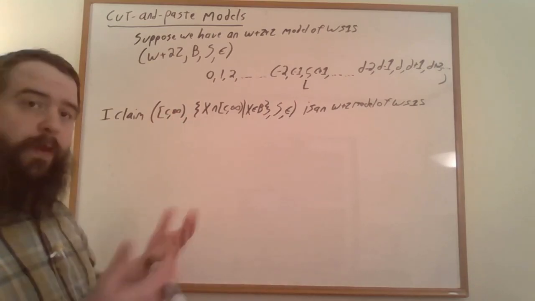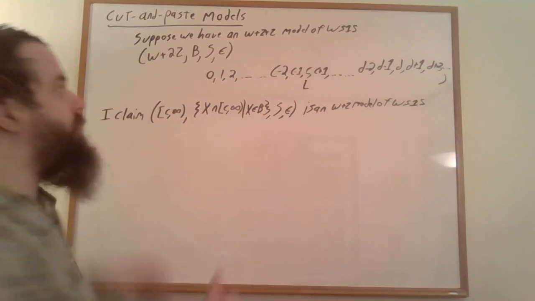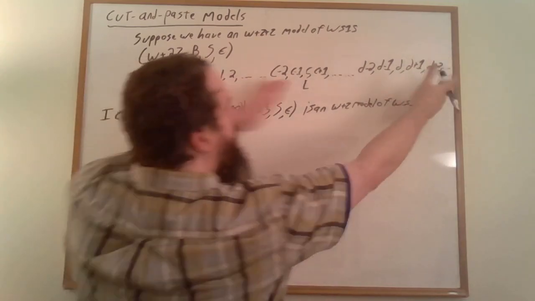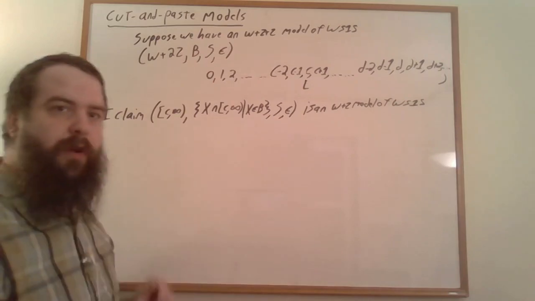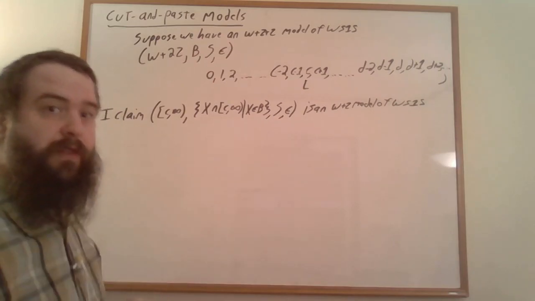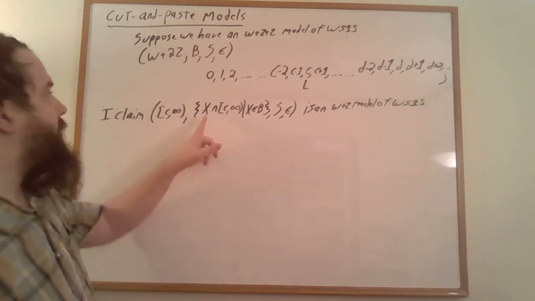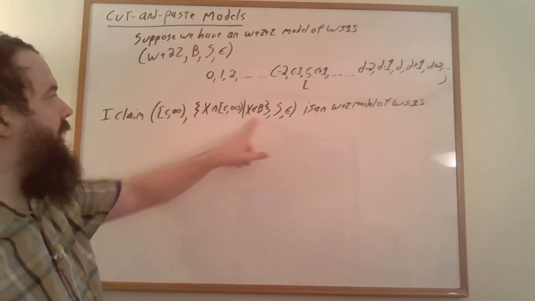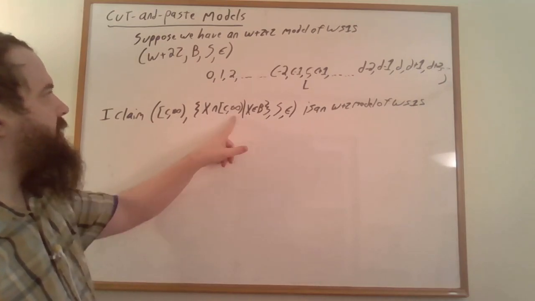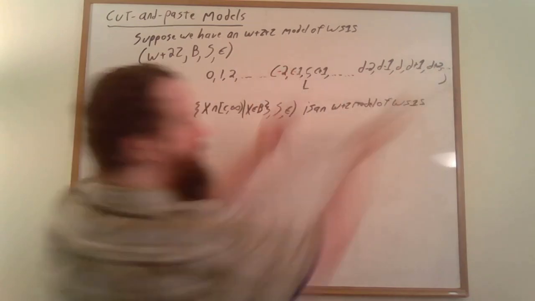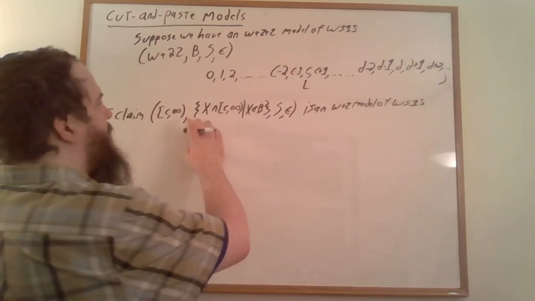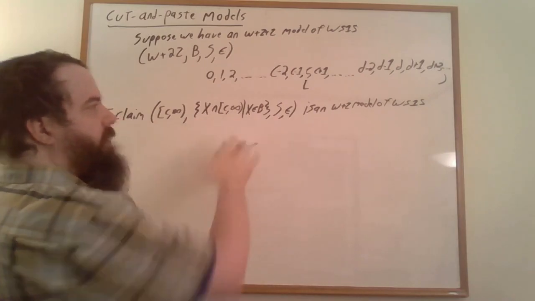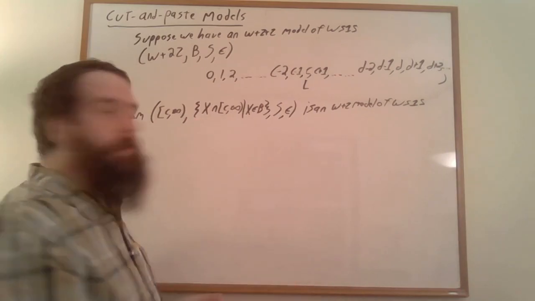And then how do we inherit the second order part from our original model to our restricted model? Well, we simply take all of our original sets and restrict them to this new interval. So I'm going to take all of the sets in B, and take the intersection with this interval to restrict them in the appropriate way, and that'll be the second order part of this proposed new non-standard model.